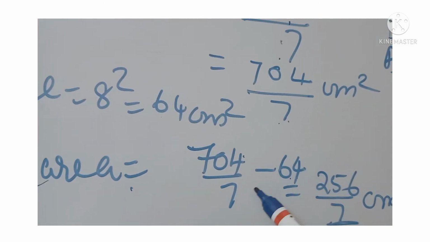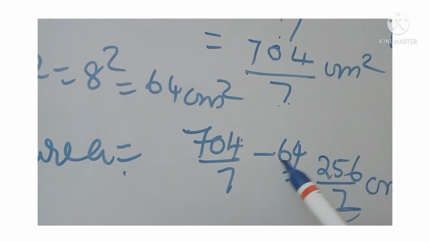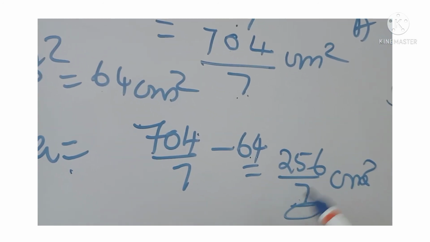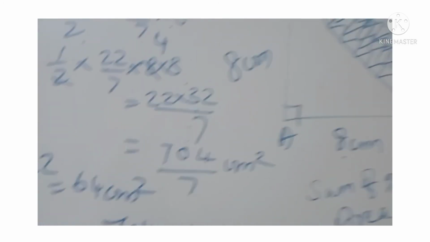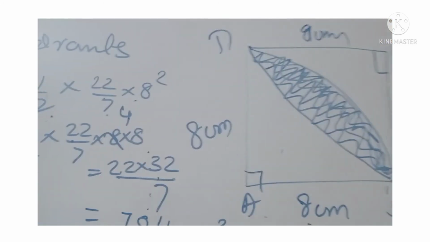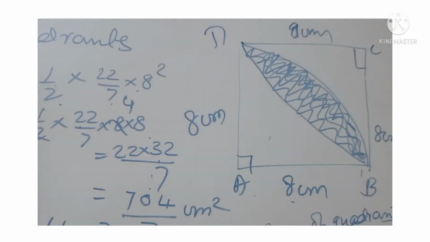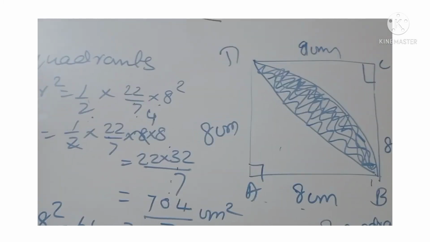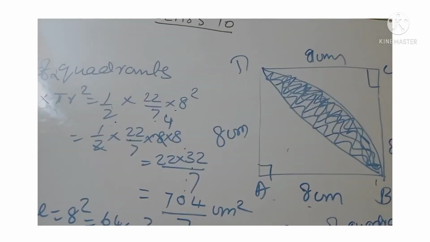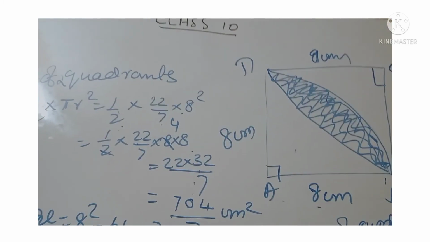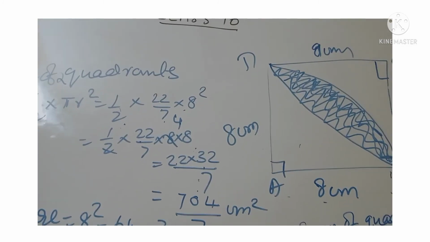After cross multiplication, we will get 256 by 7 centimeter square. So that is the area of this shaded region. So we completed the exercise in the chapter Area Related to Circles. Next we want to study trigonometry.